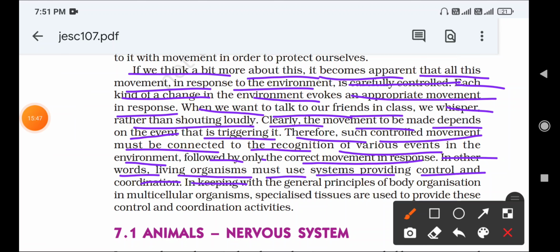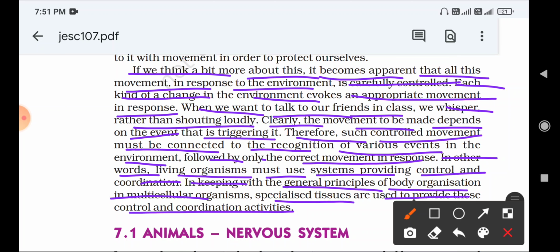In keeping with the general principle of body organization, in multicellular organisms, specialized tissues are used to provide these control and coordination activities. Okay, so from this paragraph you conclude that whatever the changes in the environment, they are controlled and coordinated in an organism in a precise, particular way, so that the organism performs the correct and appropriate functions.